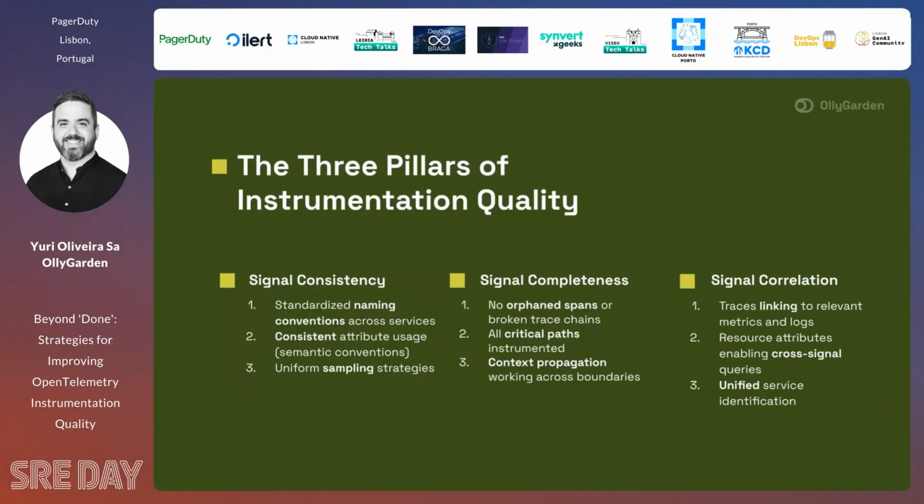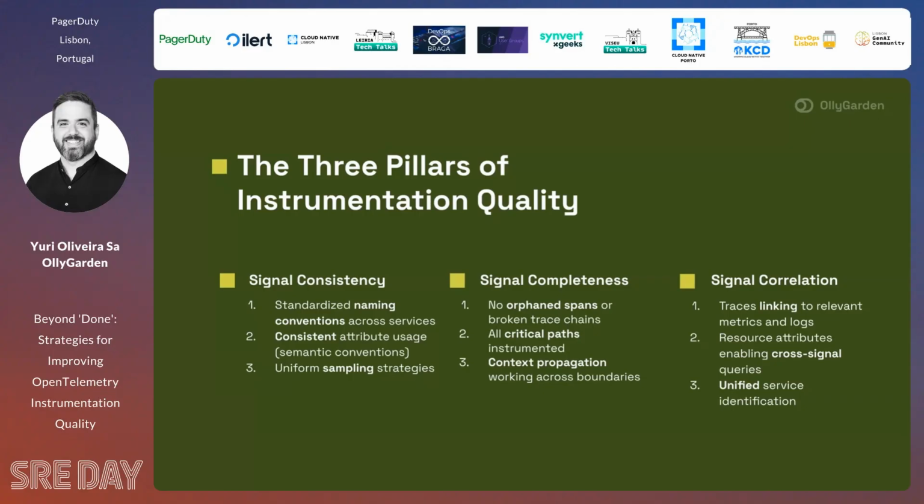So I talked a lot about bad things, but now good things. The three pillars of good instrumentation quality: signal consistency, signal completeness, and also correlation. Again, please, if you use OpenTelemetry, follow the semantic conventions. Again, have a consistent attribute usage.